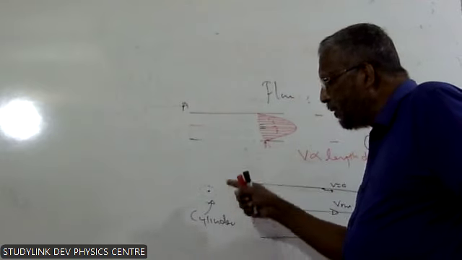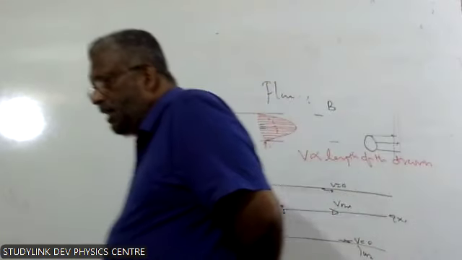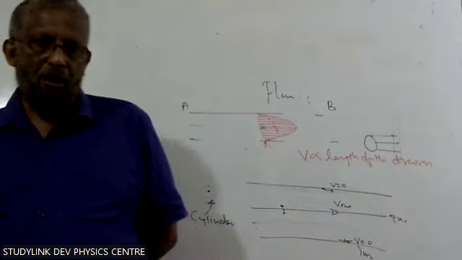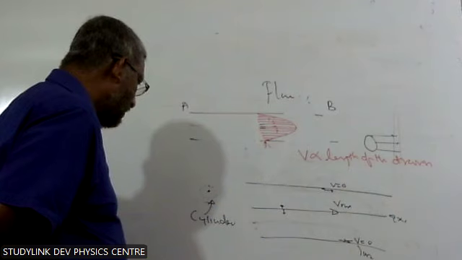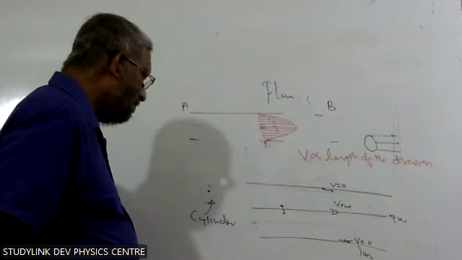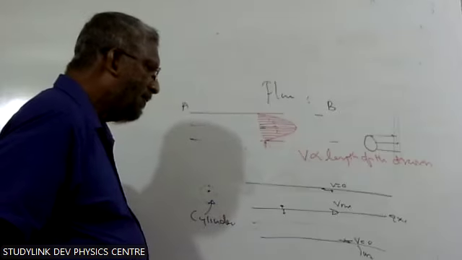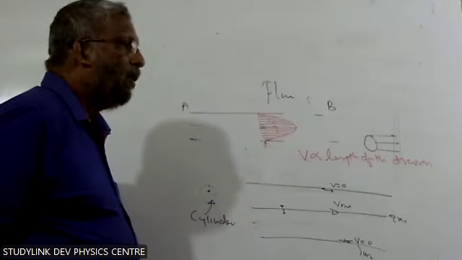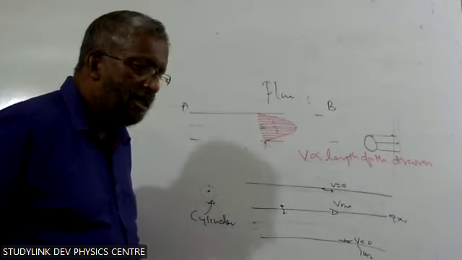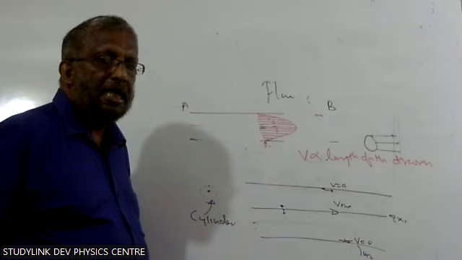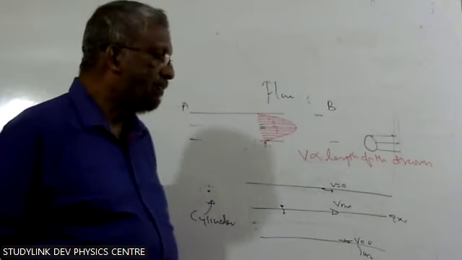Those are connected together, and a cylinder or hollow cylinder is constructed. Therefore, in a pipe, the flow of the liquid is considered as cylindrical flow. That is cylindrical flow.